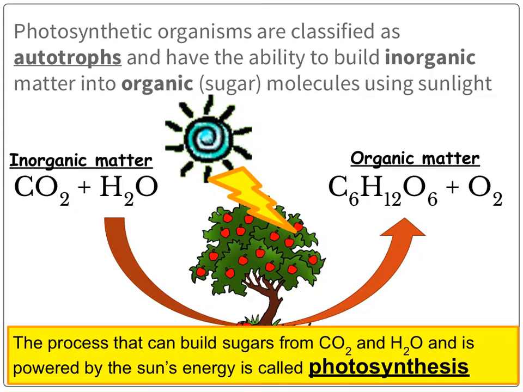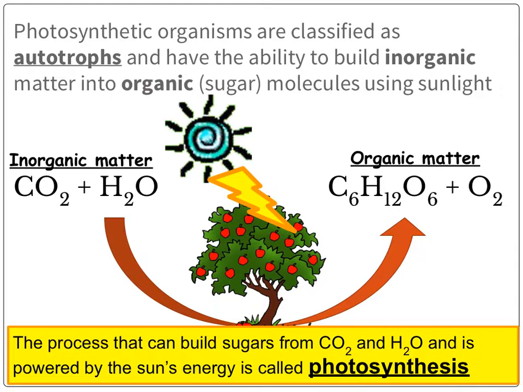So the inorganic matter we are referring to here is carbon dioxide, CO2, and water, H2O. And during photosynthesis, the organic matter that is made is referring to C6H12O6, or sugar. You could also call it glucose.